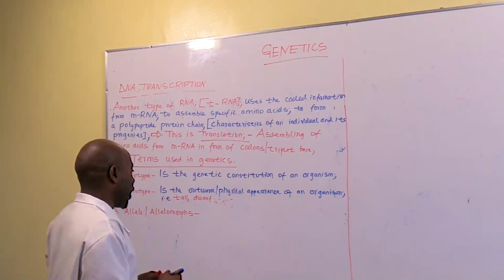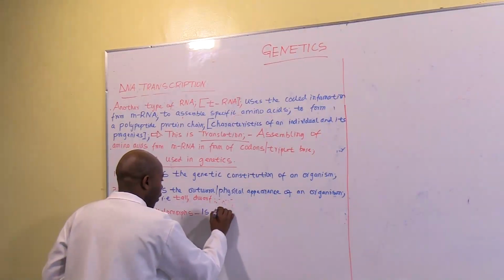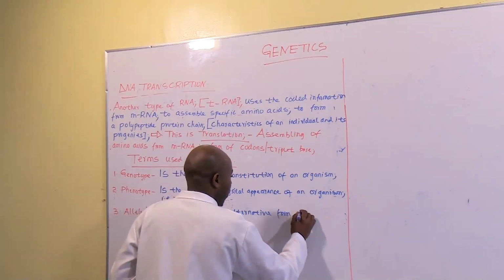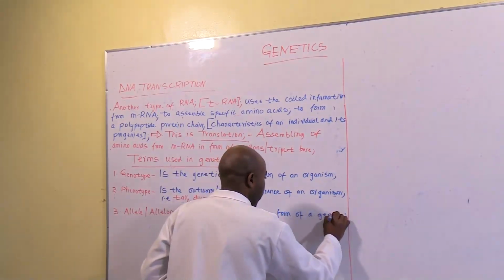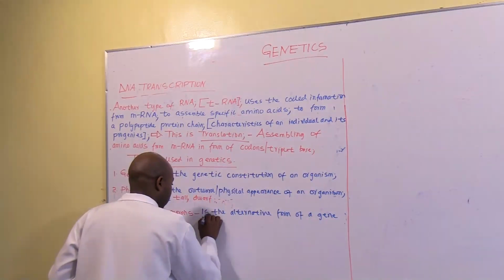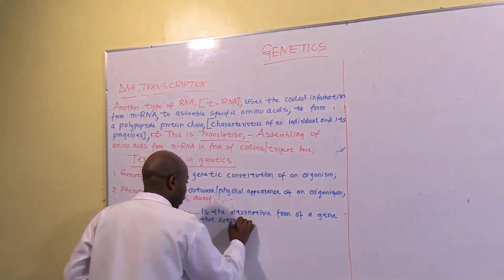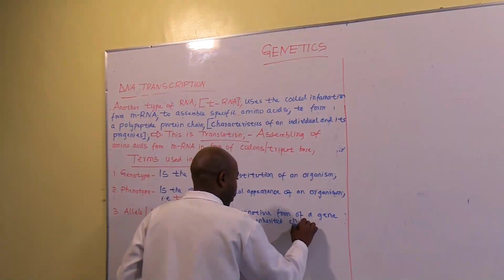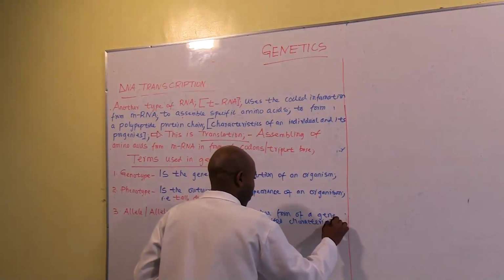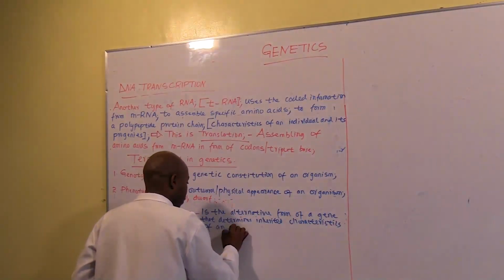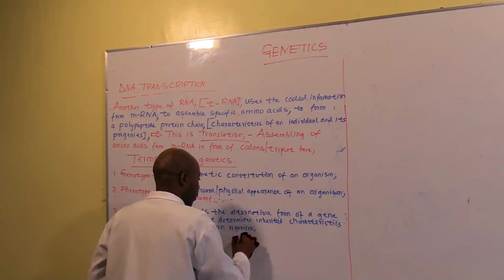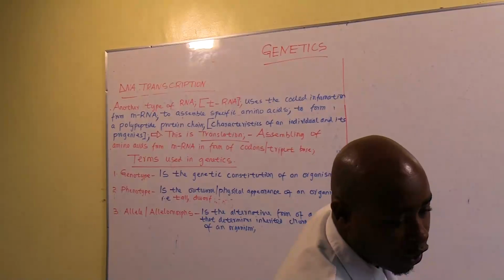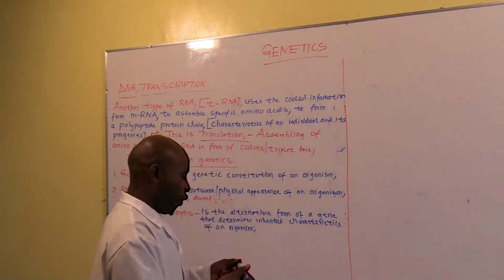So allele, this is the alternative form of a gene that determines the inherited characteristics of an organism. So that is the alternative form of a gene that determines the inherited characteristics of an organism.